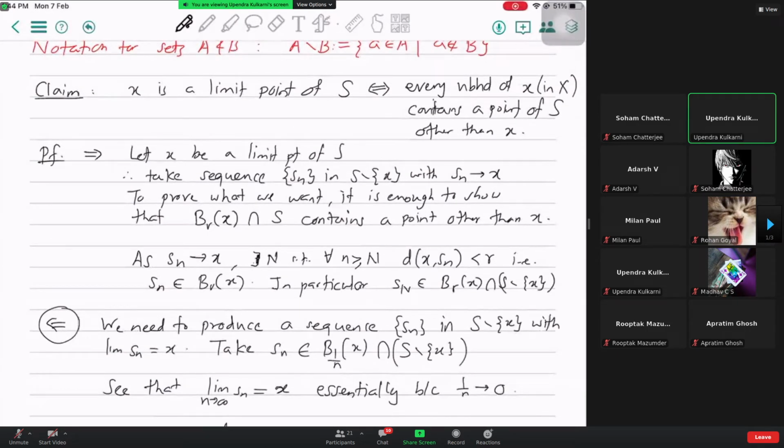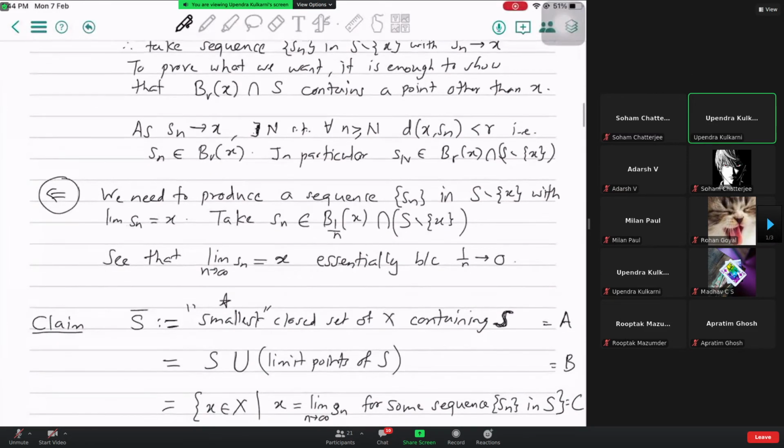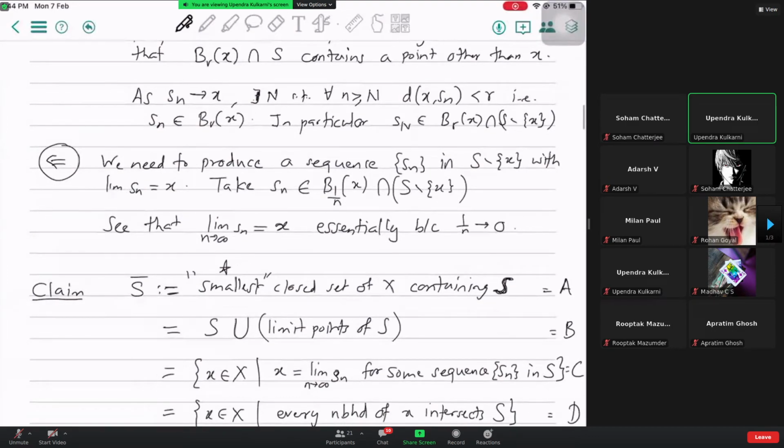Limit point means that every neighborhood contains a point of S other than X. So in fact, showing that B and C are equal is fairly easy. All right, shall we do this, or shall I leave this for you?